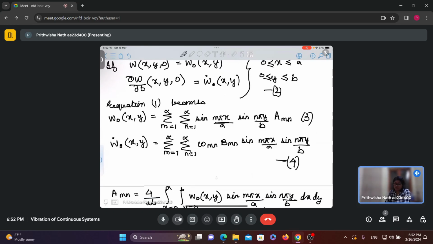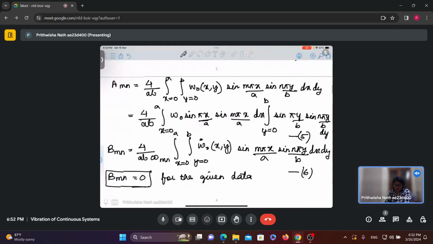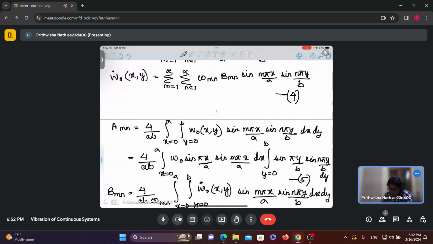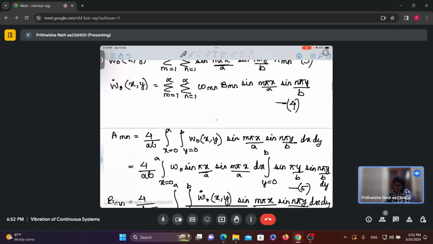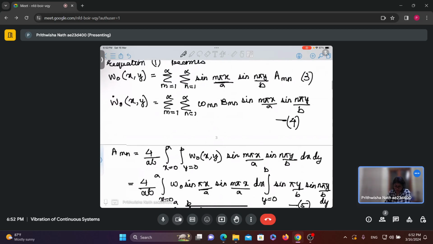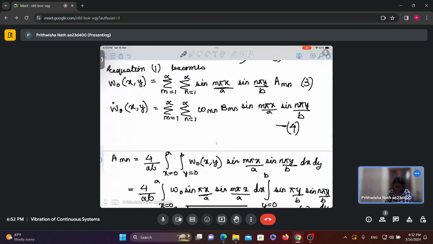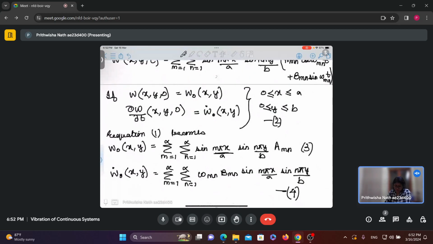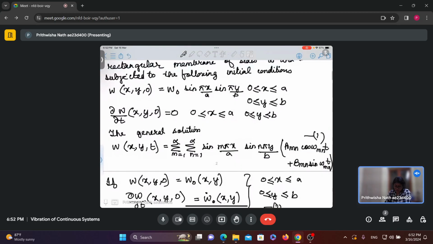And we know AMN can be expressed in this manner: 4 divided by AB, double integration over W naught xy sine m pi x by a into sine n pi y by b dx dy. Now in place of W naught xy, we substitute the given condition.